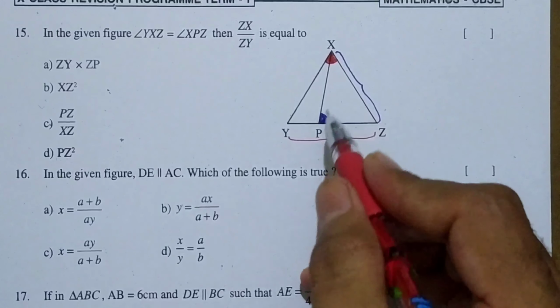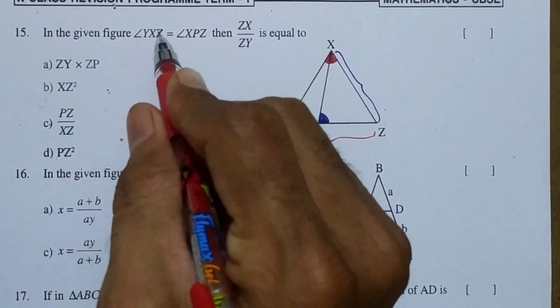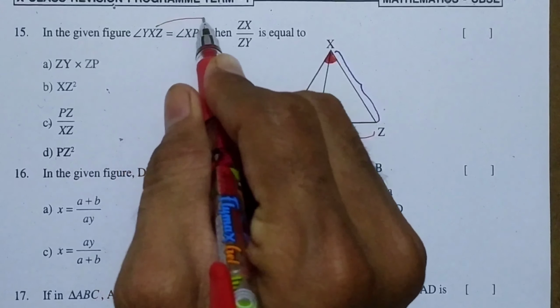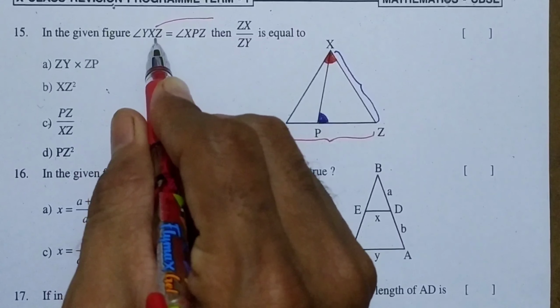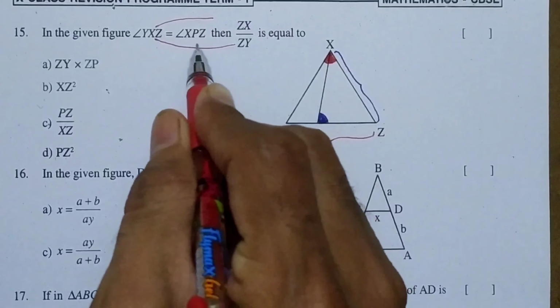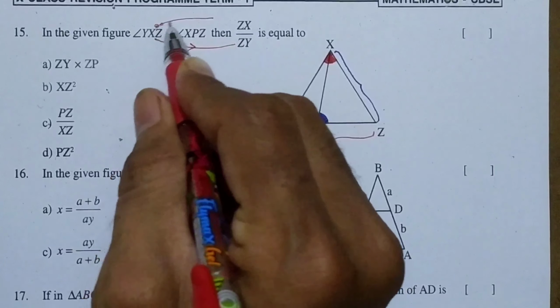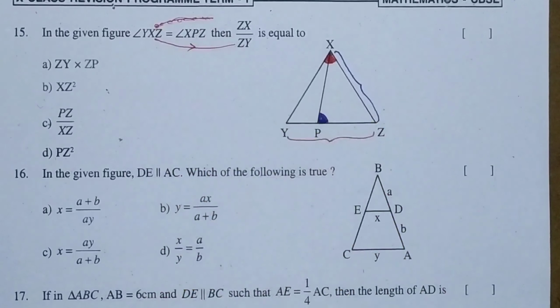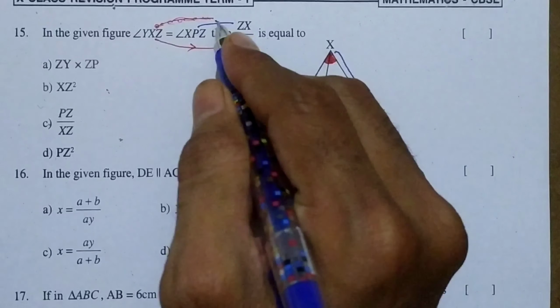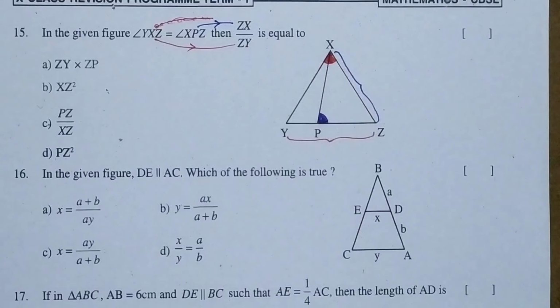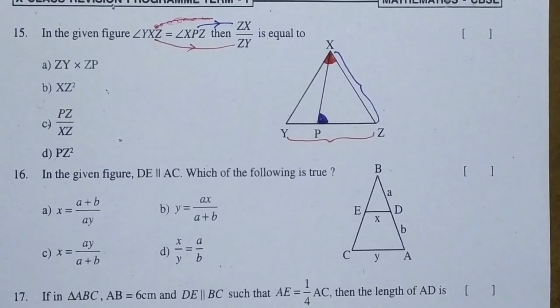That means these two measurements, YXZ and YZ, are from one triangle, and these two measurements are from the other triangle. First thing we need to understand is that, let us divide the triangles now.